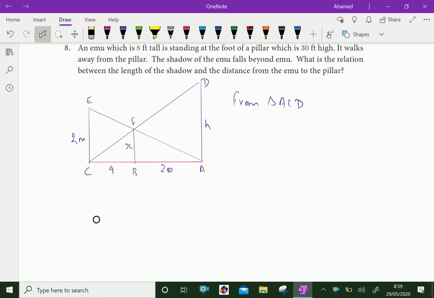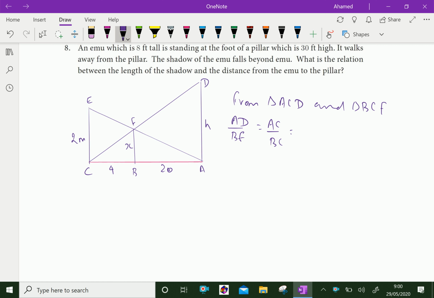From triangle ACD and triangle BCF, we can say the ratio AD over BF equal AC over BC.